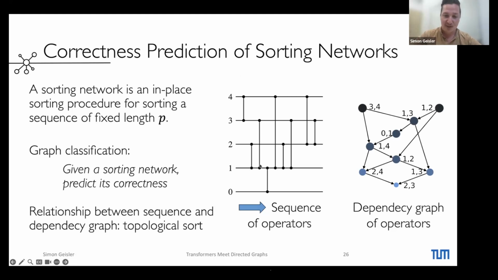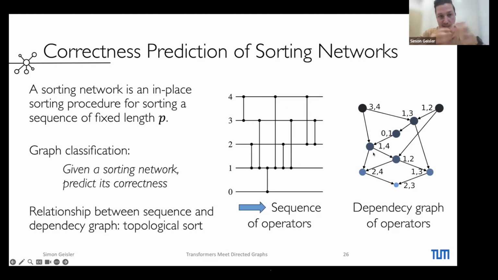Again, the main point is we have a sequence of objects, which are comparators, and we can directly construct a dependency between those comparators. For example, the very first comparator here corresponds to this first node with the features 3, 4, which we encode with sinusoidal encodings, by the way, and it is connected to the two subsequent operators, and so on.